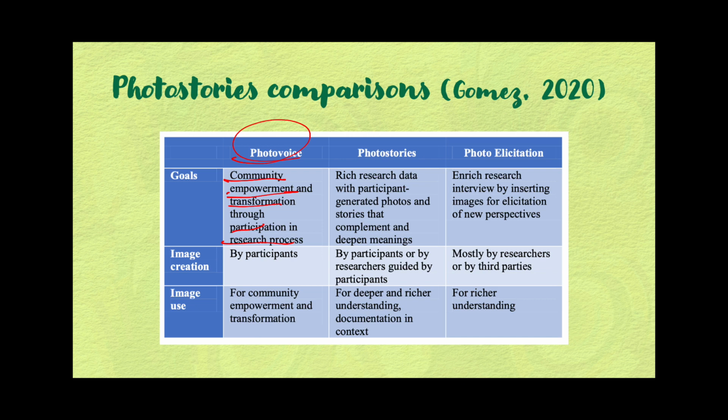And I would agree here, there has to be some form of community building, empowerment, campaigning, advocating for the community or the minoritized people that you are engaging in the Photo Voice process. That is important because that's part of Photo Voice's axiology. It's a participatory research. And then the image creation is from the participants, and we discussed that already. And then the image use is again for community empowerment and transformation, and not really describing what the story is.